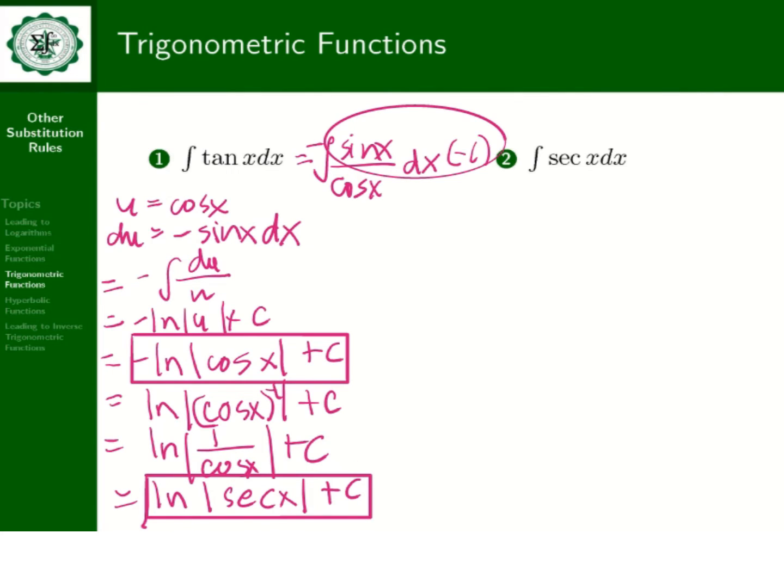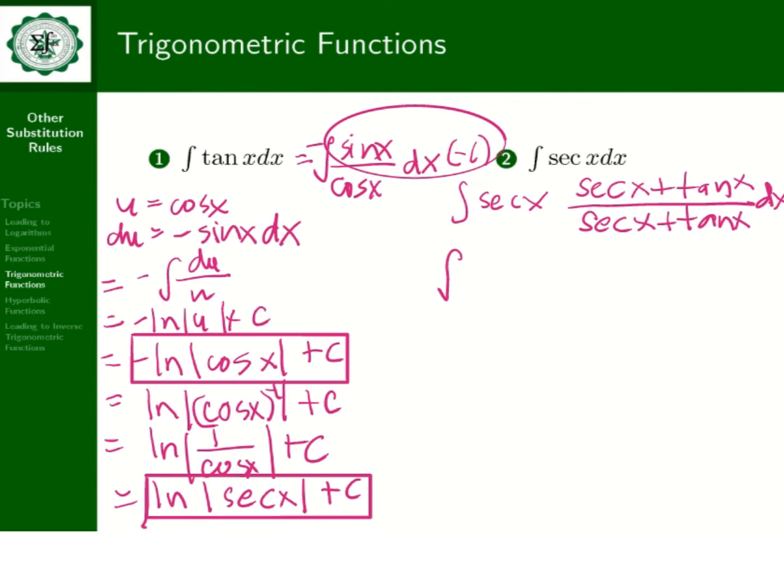Now let's proceed with the integral of secant x dx. So here we are going to multiply our given with secant x plus tangent x. We do the same thing for the denominator. So essentially, we are multiplying our given with 1, and then we write dx. So we distribute secant x in the numerator to secant x plus tangent x.